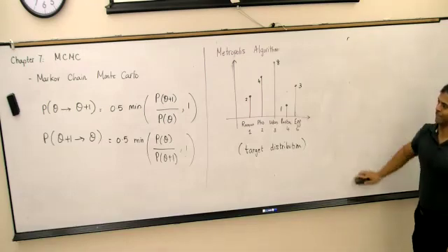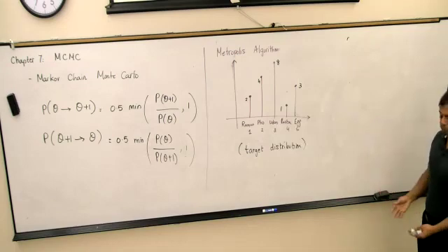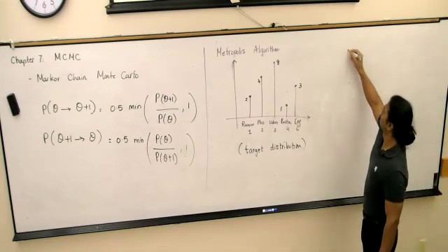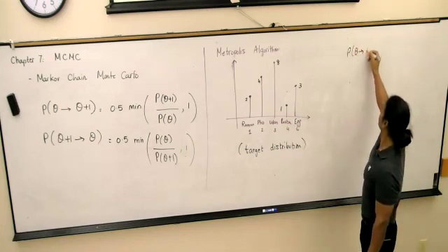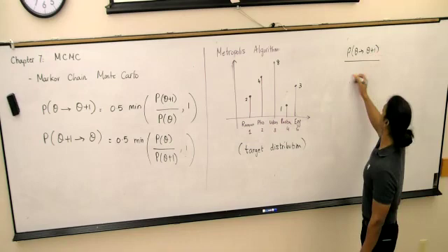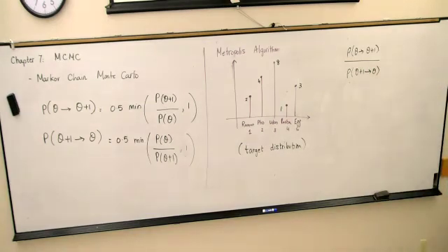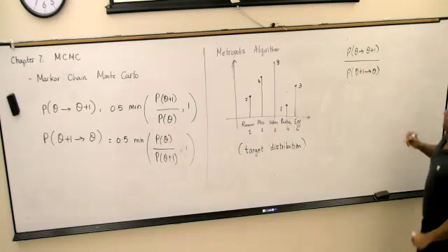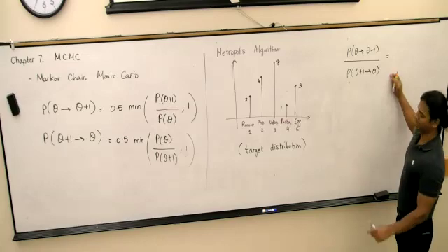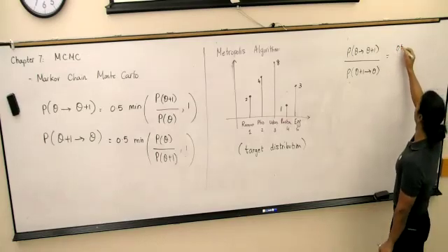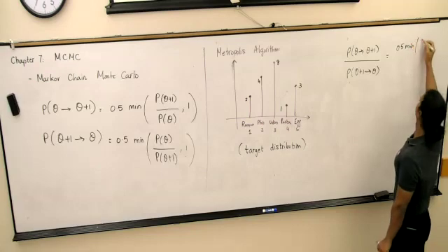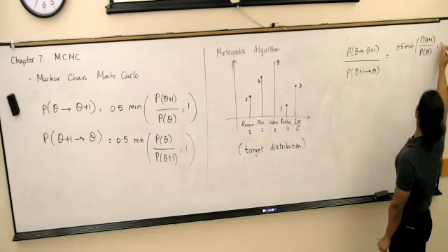Now, you're looking at the relative probability of moving, from θ to θ plus 1 divided by θ plus 1 to θ. That would simply be 0.5 times the minimum of the probability of θ plus 1 over the probability of θ, comma 1.